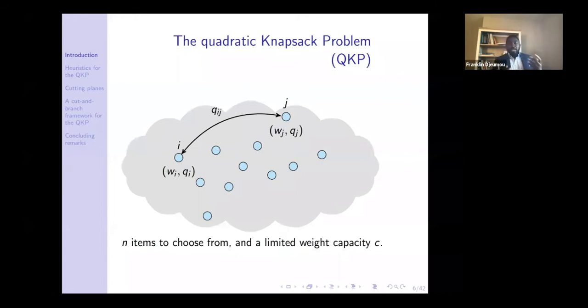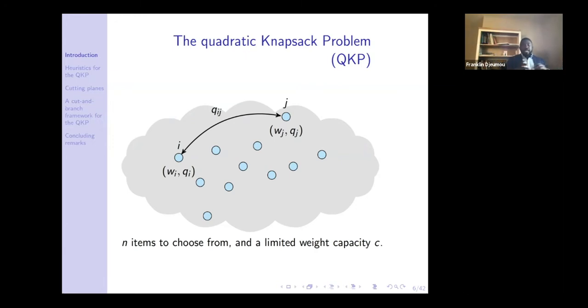usually when someone wants to buy an electric vehicle, the first idea is, what's the range? Will I be able to make long distance traveling with my vehicle? So that's how the quadratic profit comes into action here.